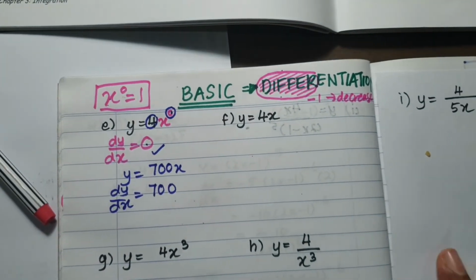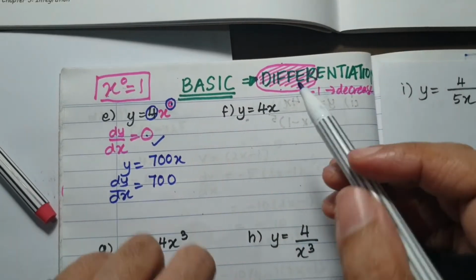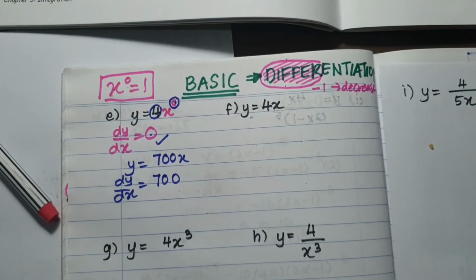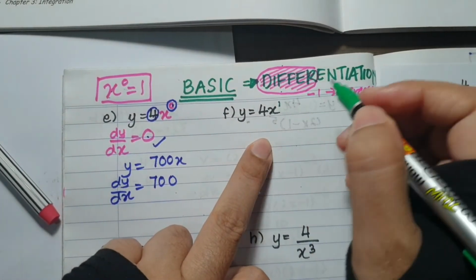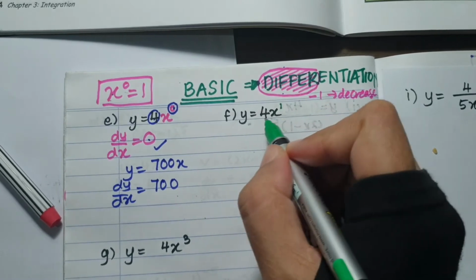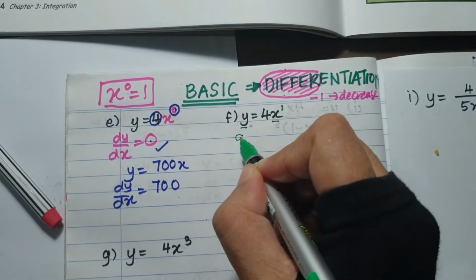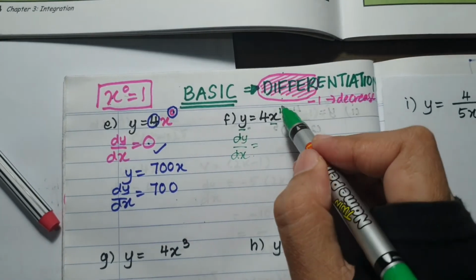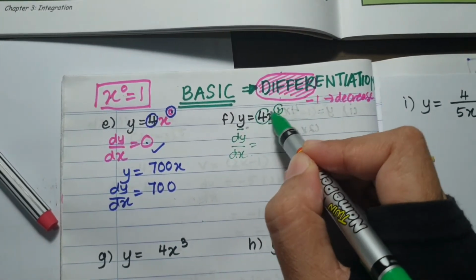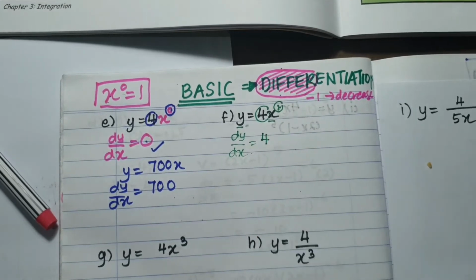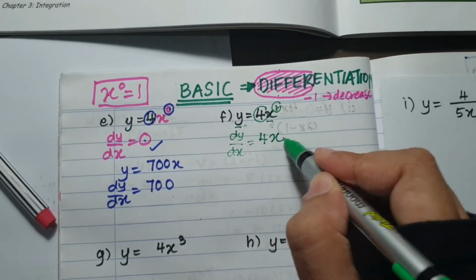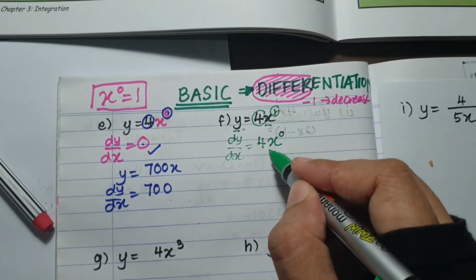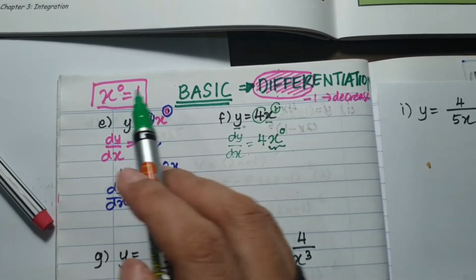Next, this one. What is the index of the variable there? It is 1, so 4x power of 1. Now you have y in terms of x, so we write dy by dx. Multiply the index to the front: 1 times 4, 4. Copy the variable x. The index always minus 1: 1 minus 1 becomes 0, and any base power of 0 is 1.